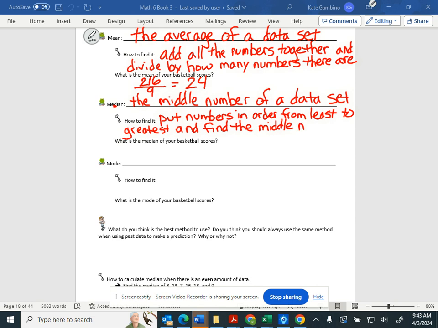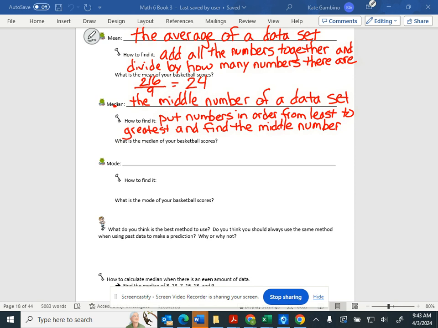What happens if we have two numbers in the middle? If we have an even number set? What do we do, Zelda? We find the average of the two middle numbers. So if you have an even set of numbers, you find the average of those middle two numbers.